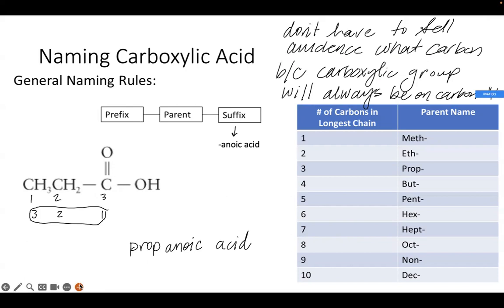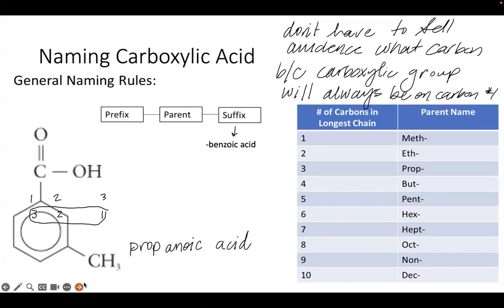All right. So if there was a branch coming off of this, I would need to take care of that, name that, but this example doesn't have a branch. So this structure is named propanoic acid, and that is all.